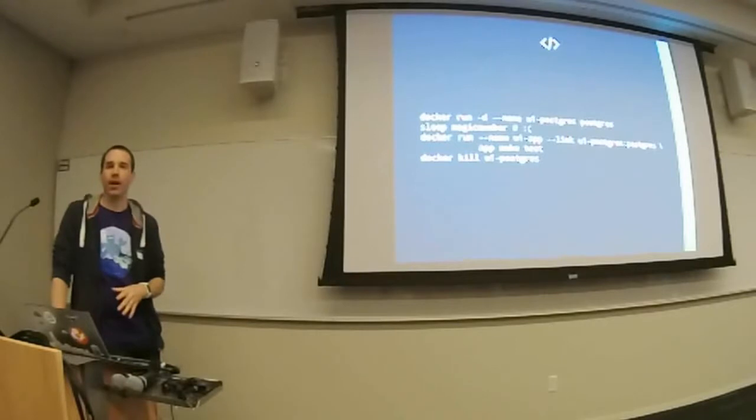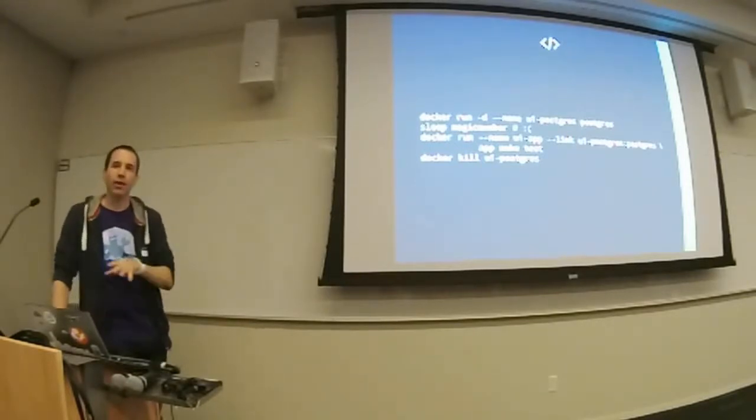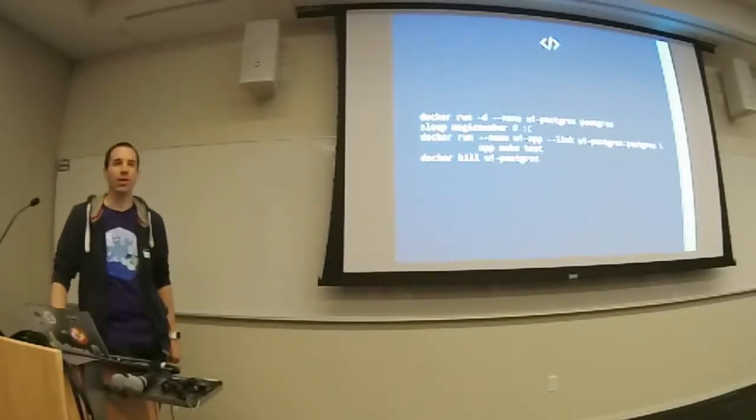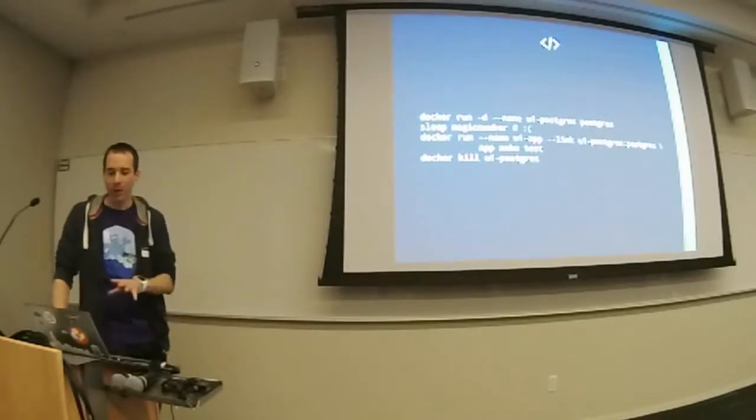Although recently Docker is working on getting the Go project libcompose from the amazing Rancher guys who are here. I don't know if they're here, but they're around, which would make using compose as a library a lot easier. It's still in Python, so you still have to just call stuff to use it. But we ended up having to do this, which was a little unfortunate.